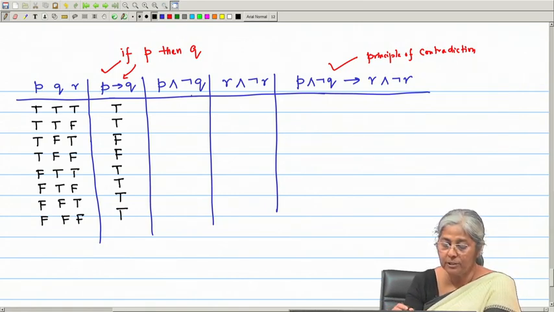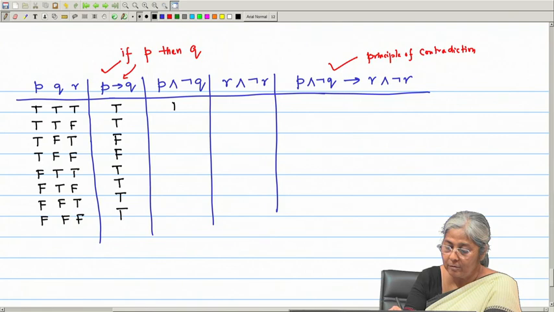Then P and negation Q. Negation Q is false for the first two cases, so this becomes false.